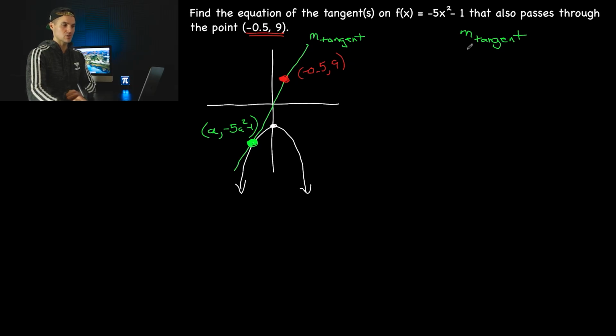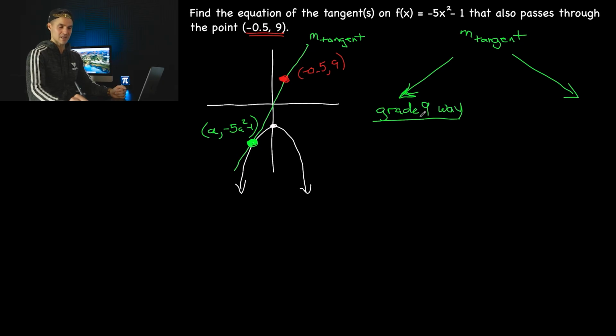The way I like to break these 2 ways down is we're going to do it the grade 9 way, where you first learned about the slope of a tangent, and we're also going to do it the grade 12 way, where we know the slope of a tangent is given by the derivative. We can create 2 different expressions for the same slope of this tangent, make those 2 expressions equal, and since they're in terms of a, we can solve for a.